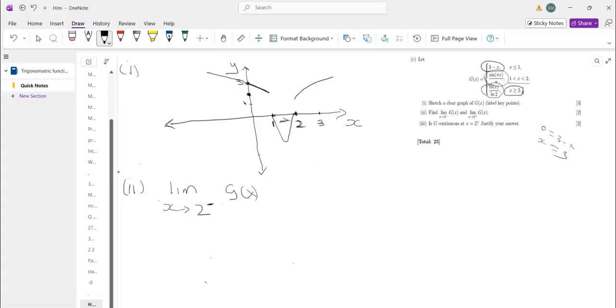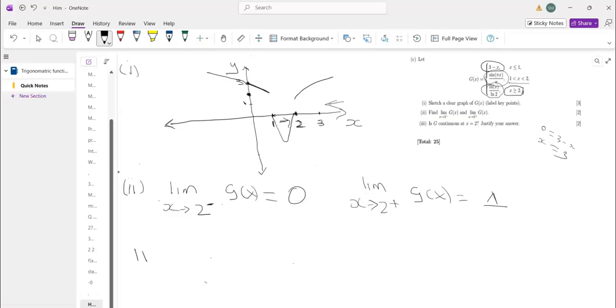This is the negative side. So from the negative side, we get that it is 0, and then g of x approaching 2 from the positive side, approaching from the positive side is this side. Then we see that the limit of g of x is equal to 1, right?